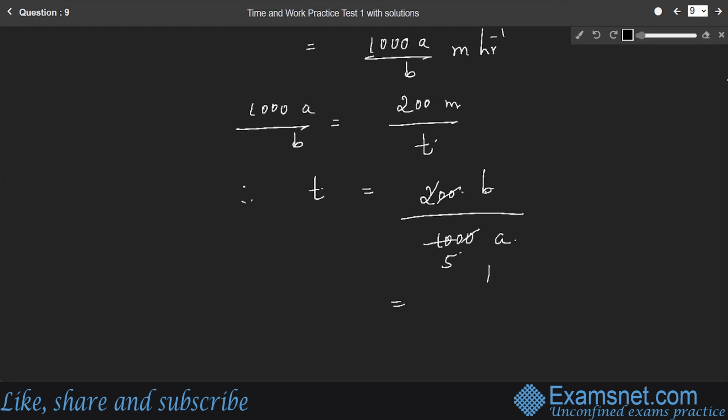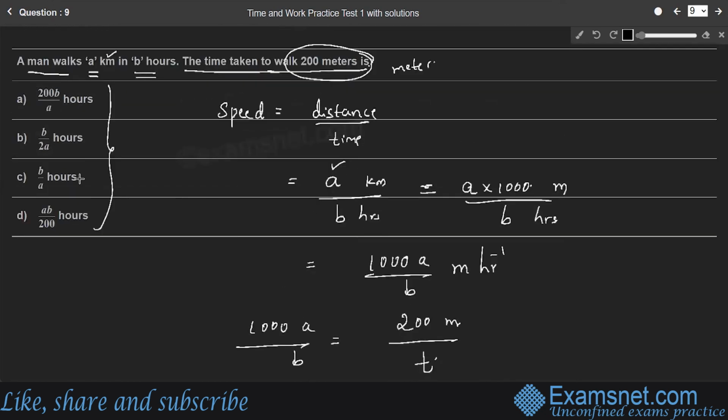Therefore, B by 5A in terms of hours. Time taken by him to cover 200 meters is B by 5A hours. Look at the options. Here option B is the right answer. There is a slight change in option B, it should be B by 5A hours. Option B.